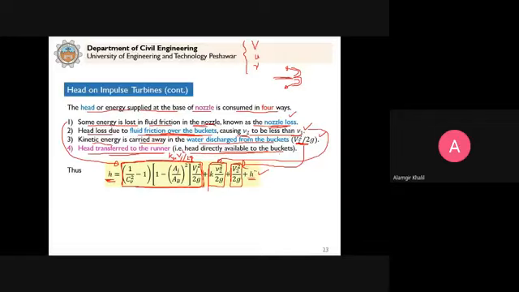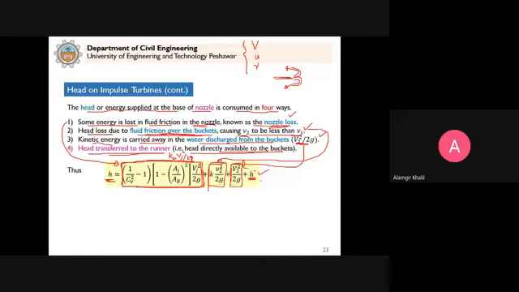Clear? We will see where H dash is in the reaction turbine. I will show you where H dash is. So just to be consistent, we denote this with H double dash, and this H double dash remains the same for the reaction turbine also. You can ask a question: now from H we have H dash, why do we write H double dash?